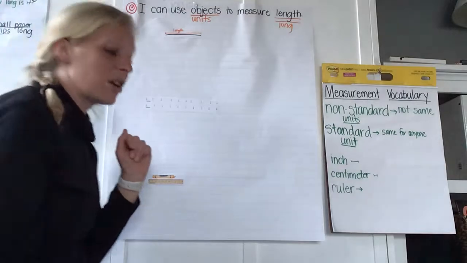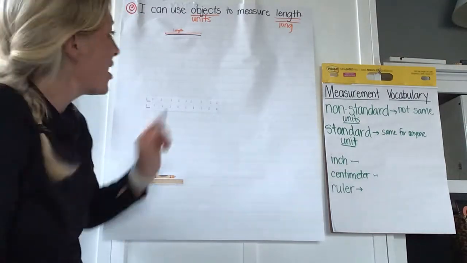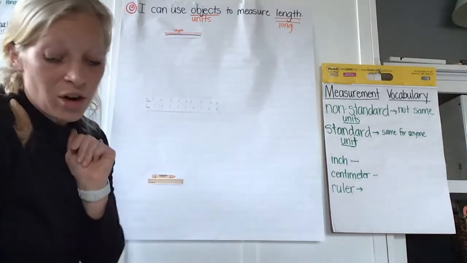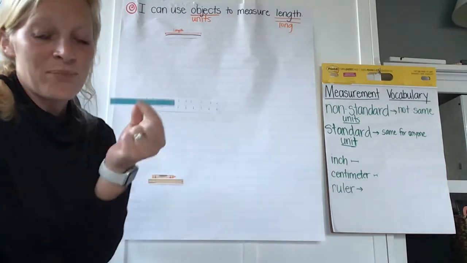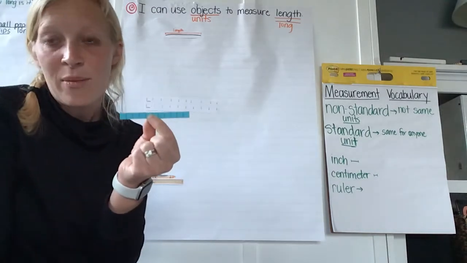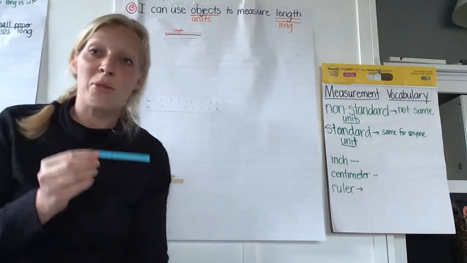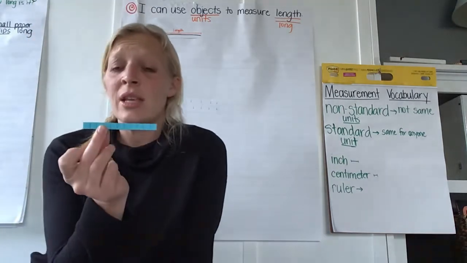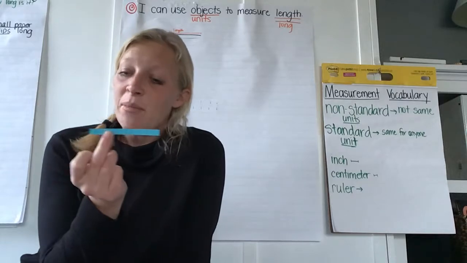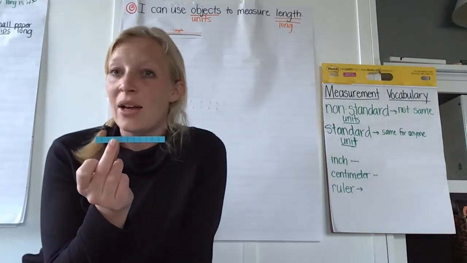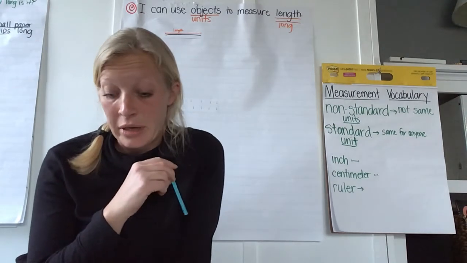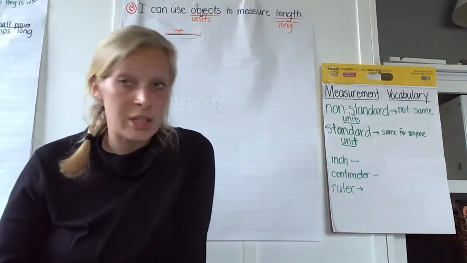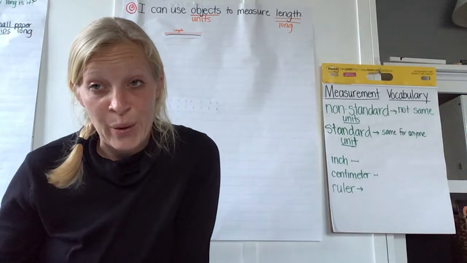So, what we're going to do is we are going to measure this little guy with our non-standard unit using some tiles. Now, you get these tiles from home. Your teacher might have given you some tiles that you're going to put together. She might have given you a whole piece of paper filled with these. Now, let me tell you something. When you start snipping these tiles, they go everywhere.